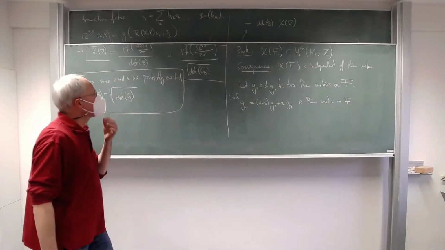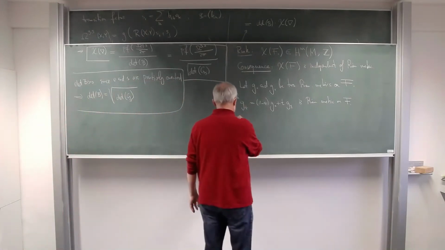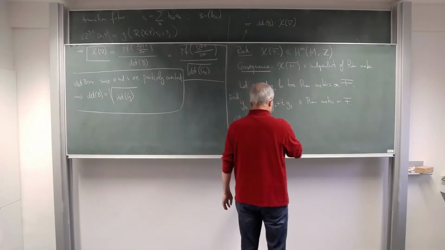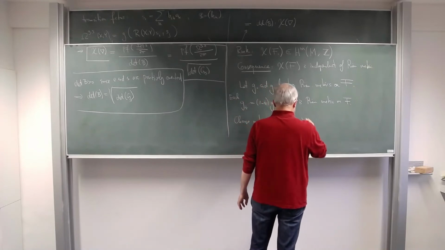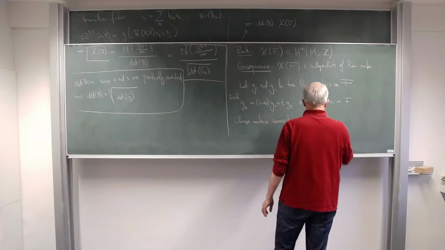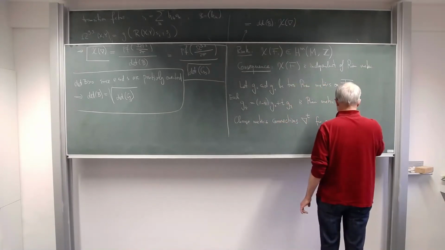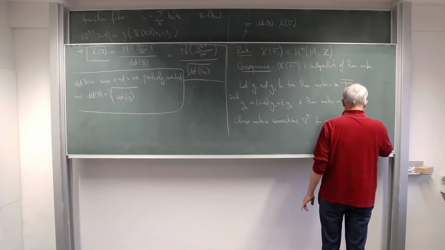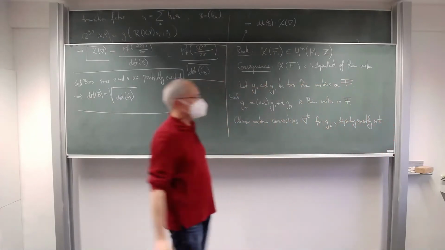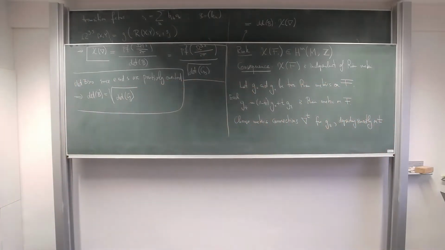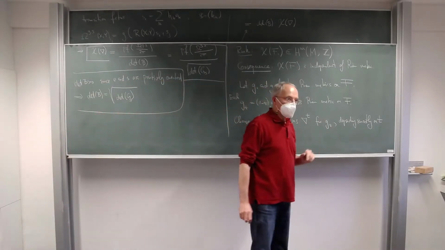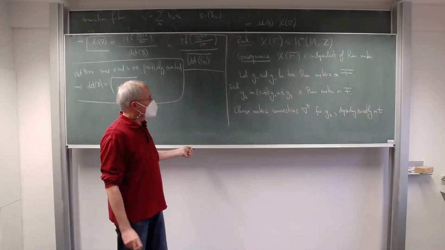Now we choose metric connections. Choose metric connections nabla_t for g_t, and they should also depend smoothly on t. And you have to think a short moment why this is possible. Why can I find metric connections which depend smoothly on t, if the metric depends smoothly on t, like here? But anyway, you can do it.